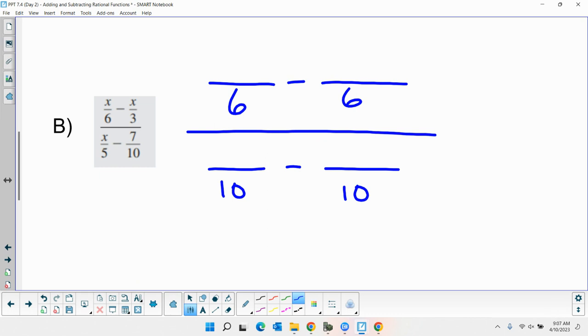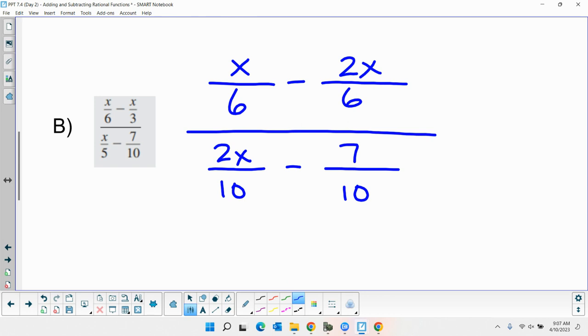All right, so this stayed the same, so that doesn't change. What did I multiply 3 by to get 6? 2. So what's x times 2? What am I multiplying 5 by to get 10? So x times 2, 2x. And that didn't change, right? We okay so far?